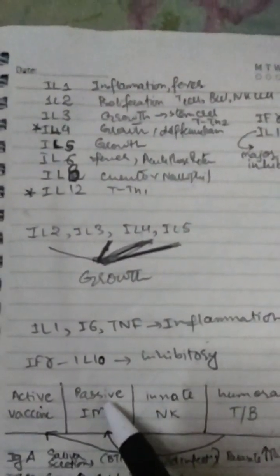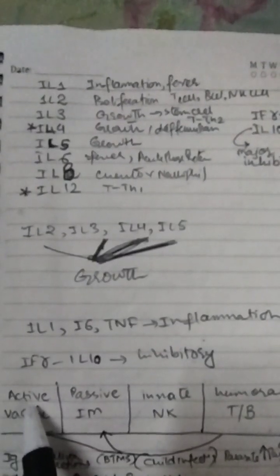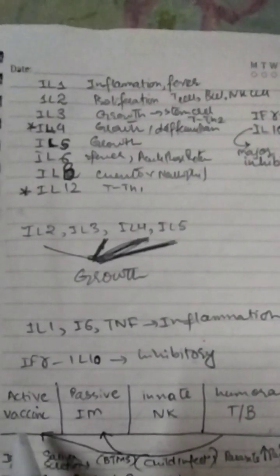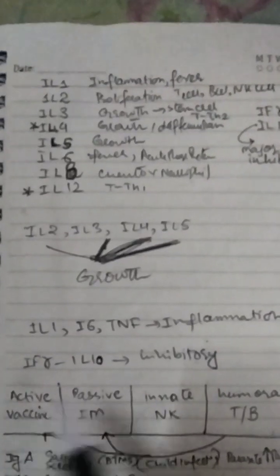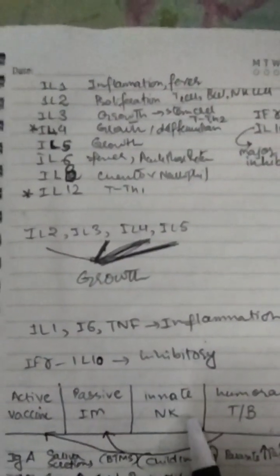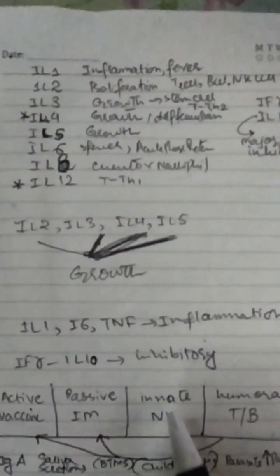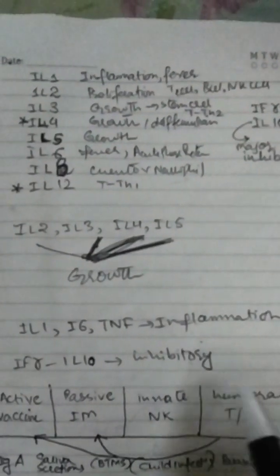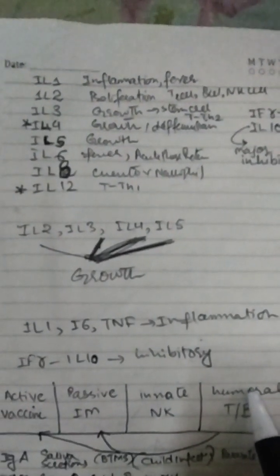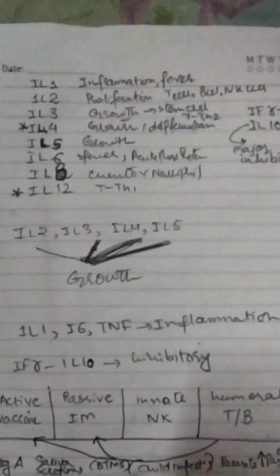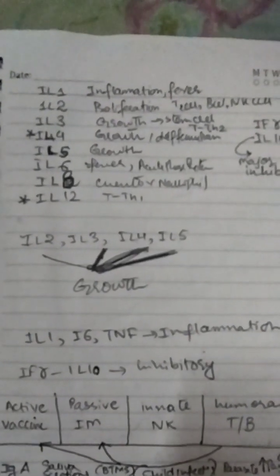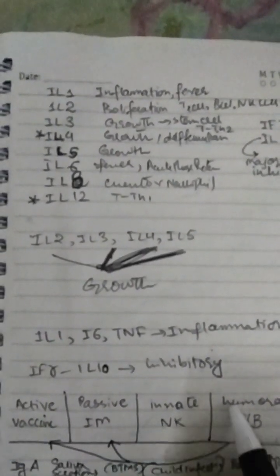They are short term. Active immunity, which is given by vaccine, is a long term immunity, and innate immunity is also short term immunity. First innate will come, and then the humoral will come and take over to protect the body from the pathogens.